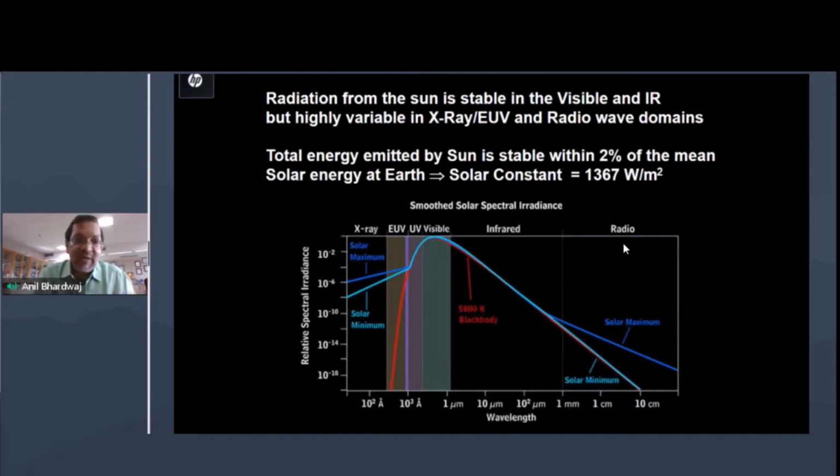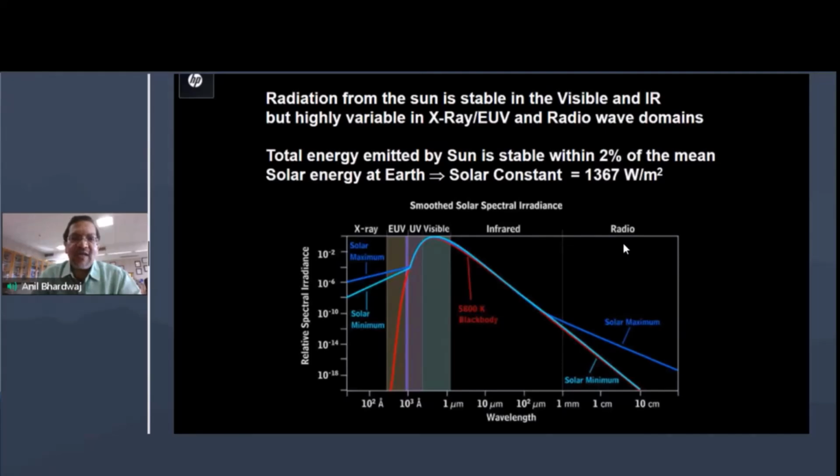If you look at the electromagnetic spectrum, it starts from gamma rays to X-rays to ultraviolet to visible to infrared to microwave to radio waves, right? But the maximum radiation of the sun is coming in the visible part, and that is good for us, right? Because we are able to see the objects because of the solar radiation falling on them.